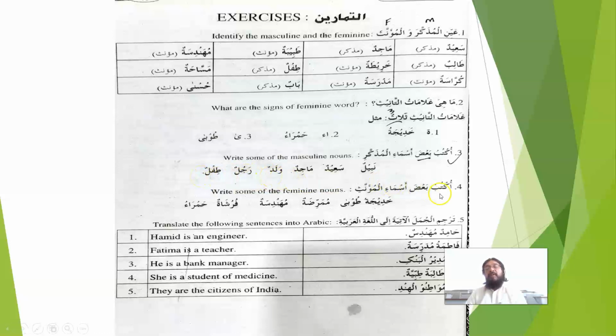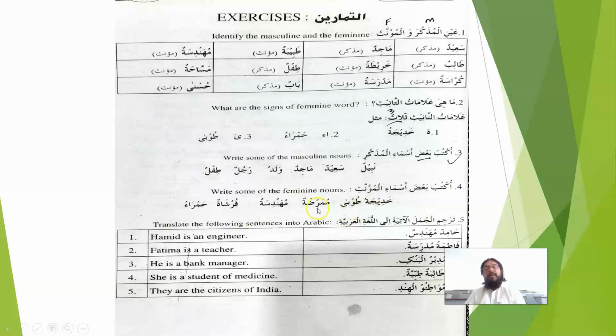Then after, uktub ba'za asma'il mu'annath. Write some feminine names. Uktub means write, ba'za few, some of asma names, al-mu'annath feminine. Here, Khadijatu, name of a girl or woman.